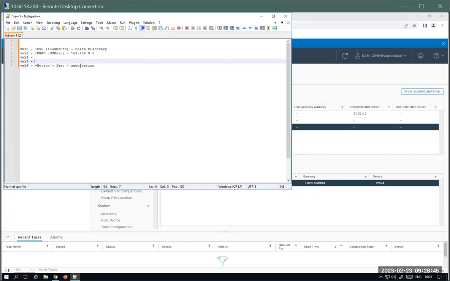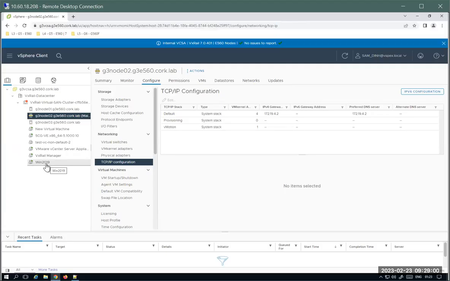Because this is plain data, with no encryption, and we have a huge size. Let's say you migrate a VM from one host to another host. This VM is about 1 TB, something like that, and 1 TB of traffic is very big.